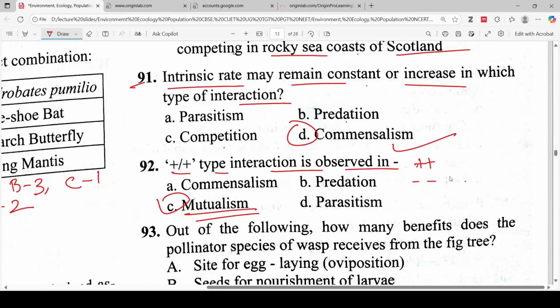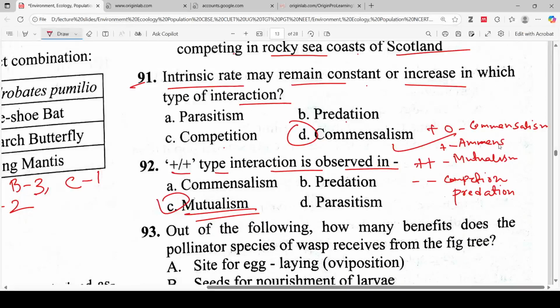Minus competition, predation. Plus minus for parasitism, and plus zero for commensalism. So these are the interactions.